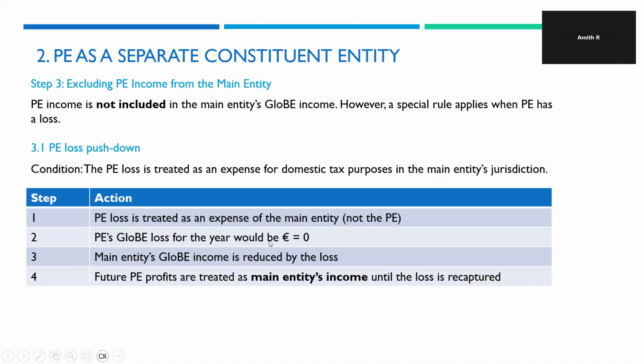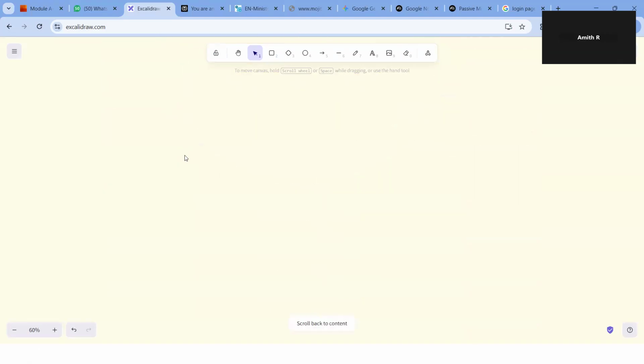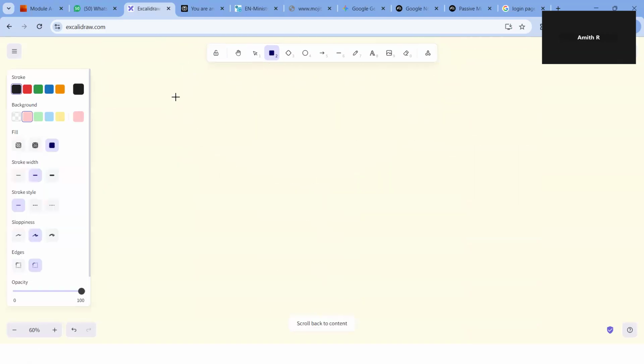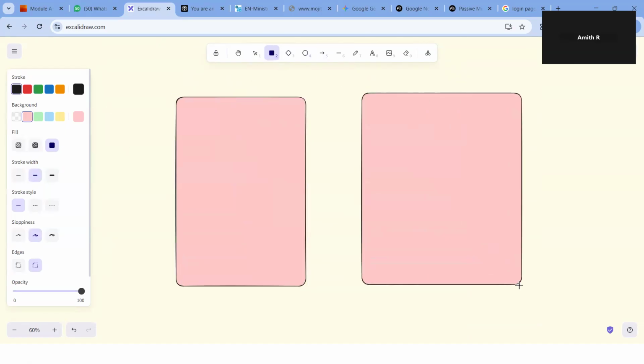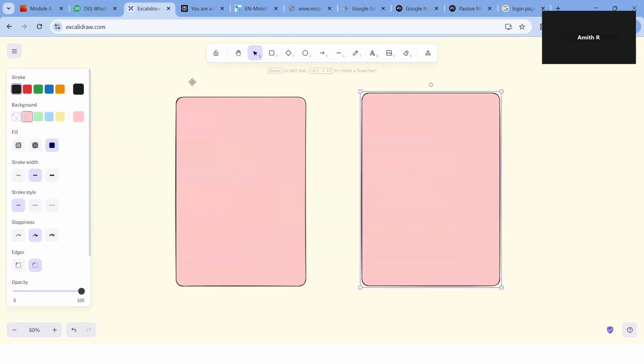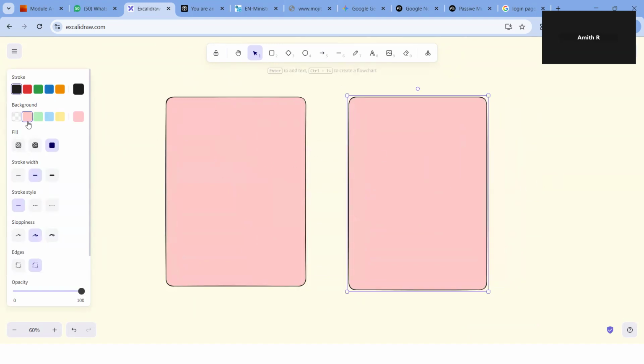Now, what they're trying to do is, let's say that if it is an income, so what am I trying to do? So I have the HO and I have the PE.